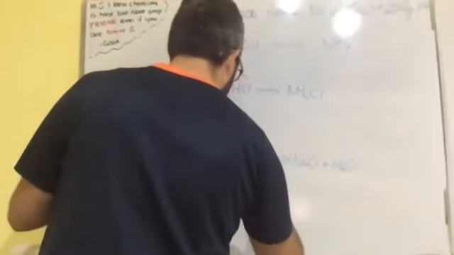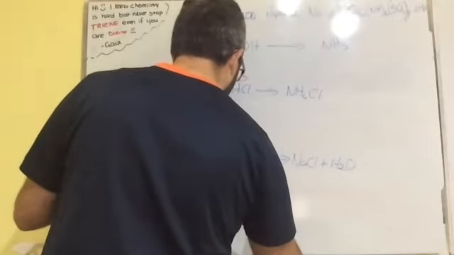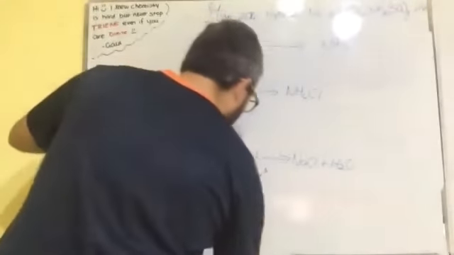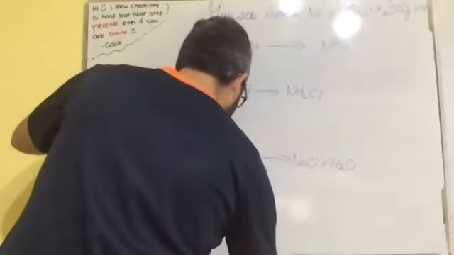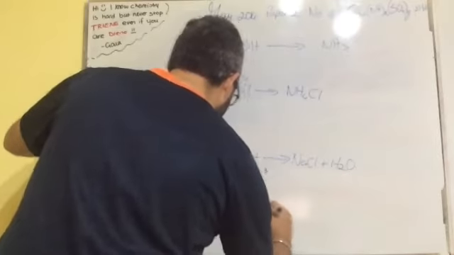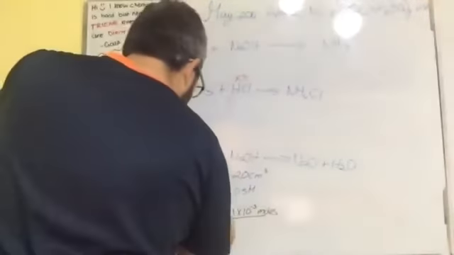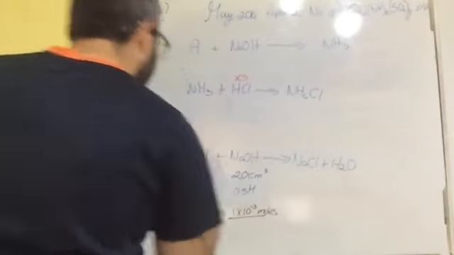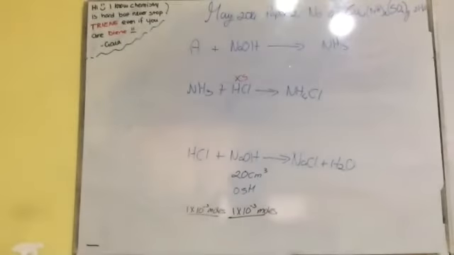So for NaOH we have 1 times 10 to the minus 3 moles, which would be the same as that for HCl, which is 1 times 10 to the minus 3 moles. Now, what this means is that the amount of HCl remaining after it reacted with ammonia was 1 times 10 to the minus 3 moles.